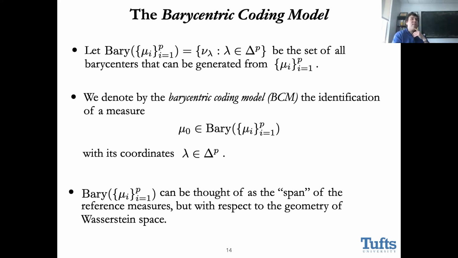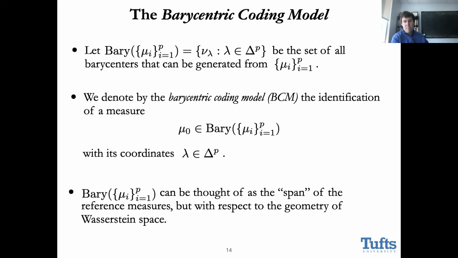Here we're constrained in that the weights are on the probability simplex, and my method for reconstruction is the Wasserstein barycenter. So what we call the barycentric coding model identifies an element of this set with a coefficient lambda. The intuition is that if P, the number of generators, is small, then there is a low-dimensional coefficient representation of this measure mu naught.